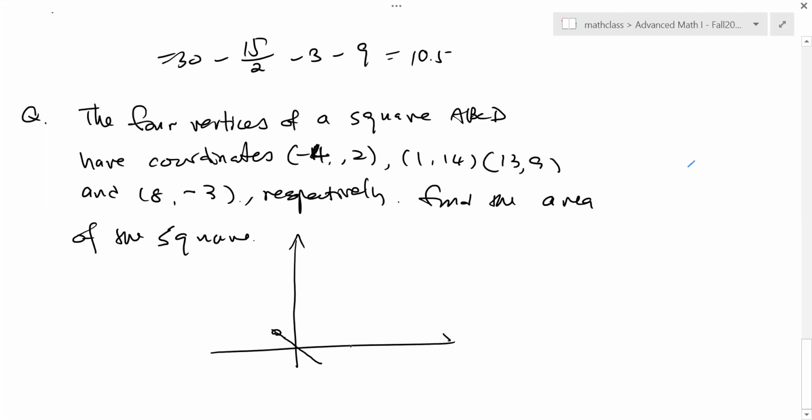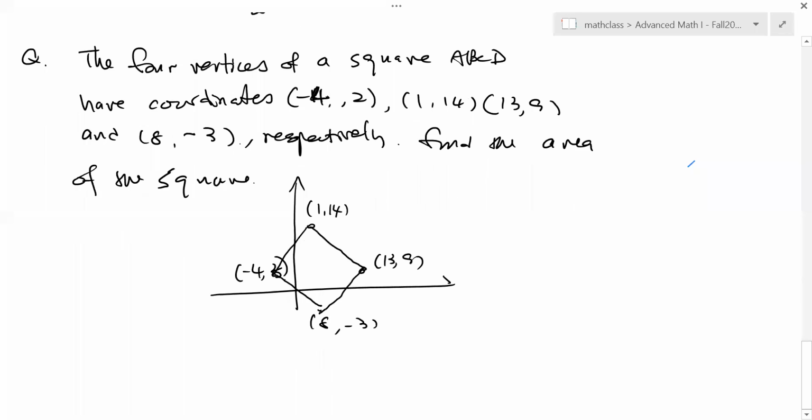And 1 and 14. Yeah, this is probably the triangle. 1 and 14 and 13 and 9 and 8, -3, -4 and 2.